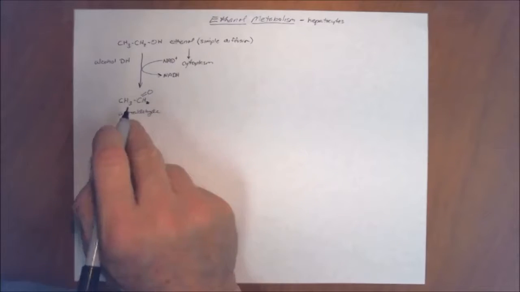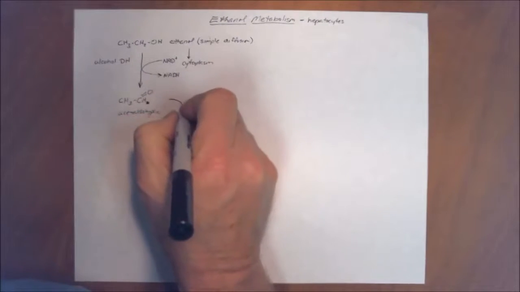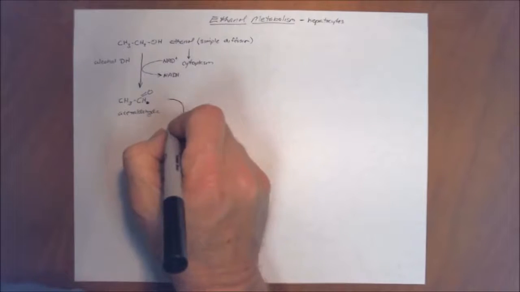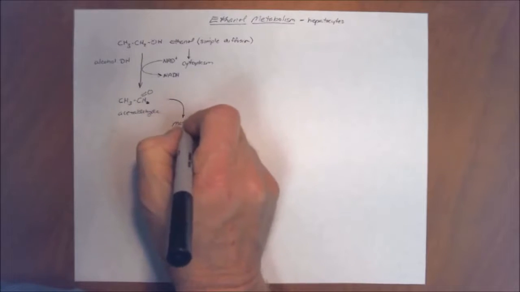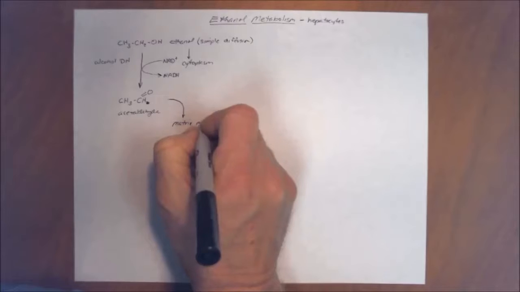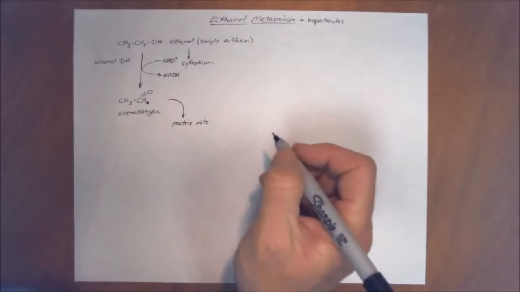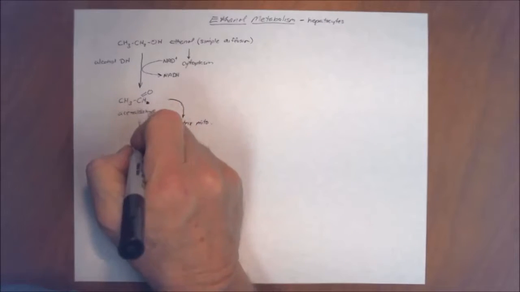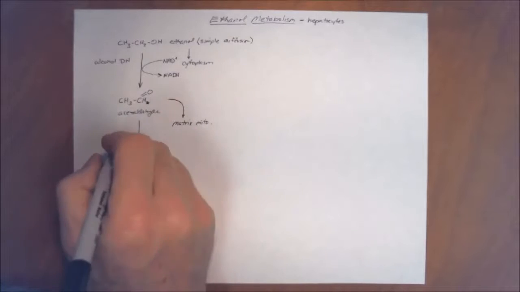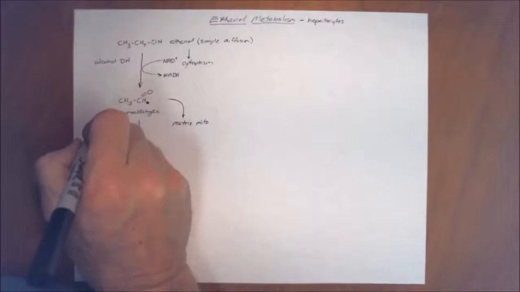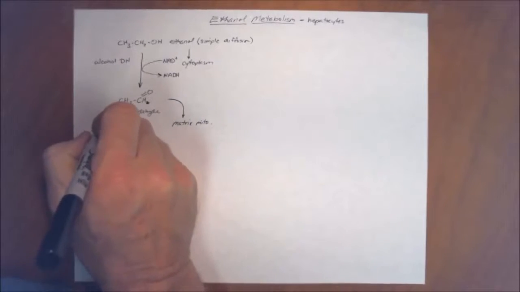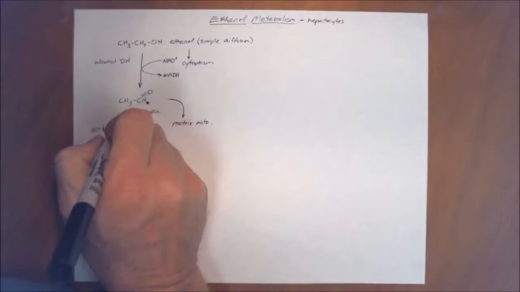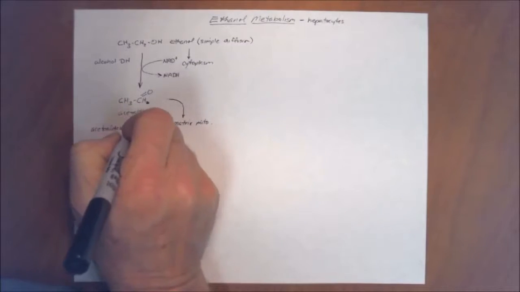So at this very first step of ethanol oxidation, we are generating energy in the form of NADH. Now the next step is to transport acetaldehyde into the matrix of the mitochondria. In this location, the acetaldehyde can undergo further oxidation with acetaldehyde dehydrogenase.